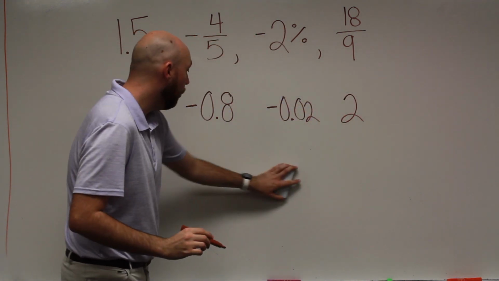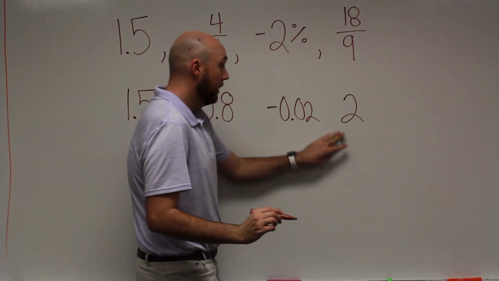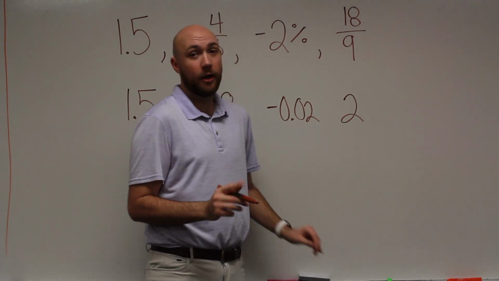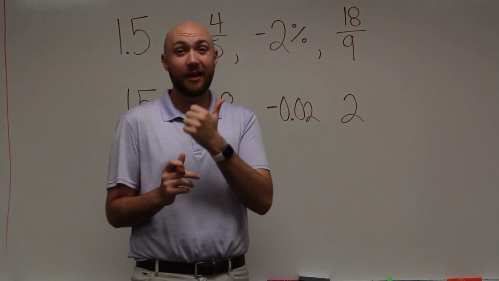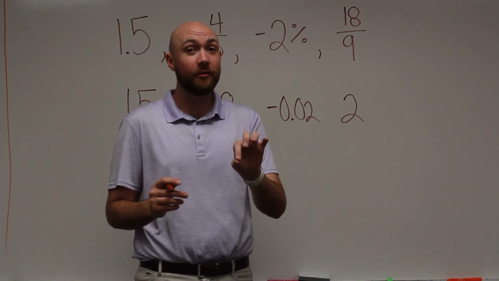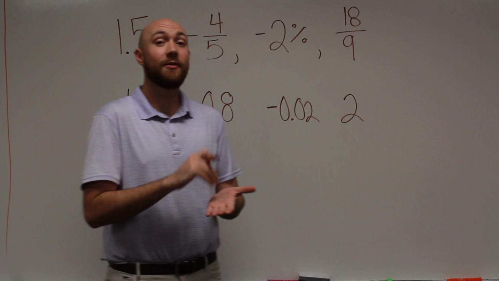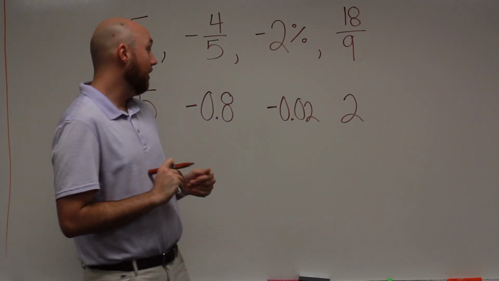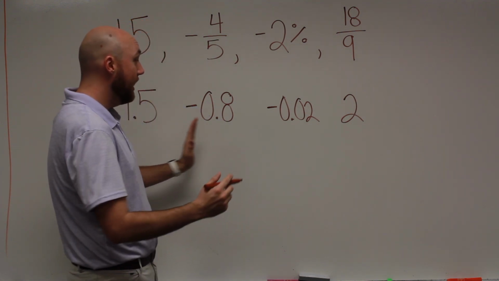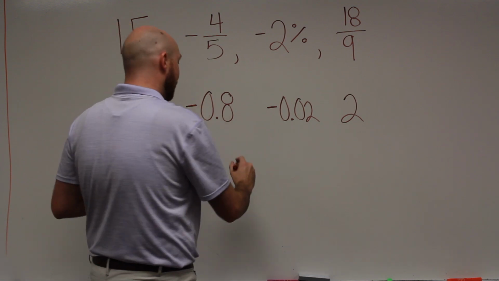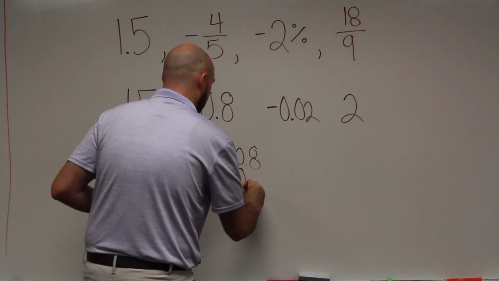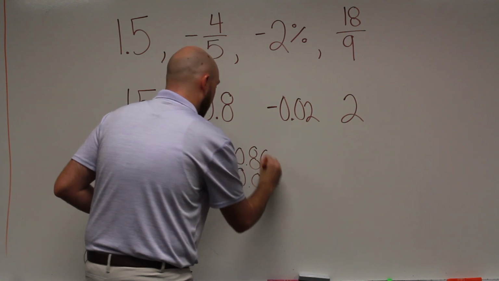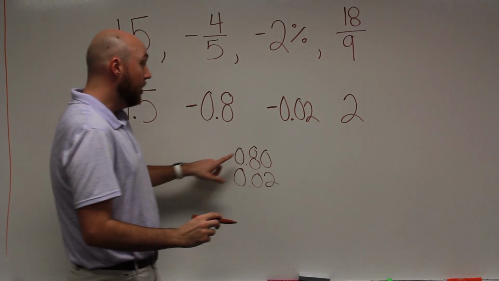So now we need to order our numbers. Going back to Unit 1, if you remember, with negatives, the bigger the negative number, the lower the value. So I'm going to line my negatives up first because I don't need to look at anything else.